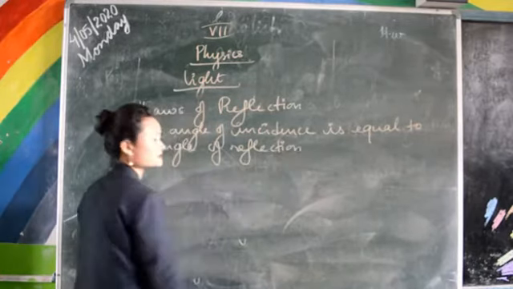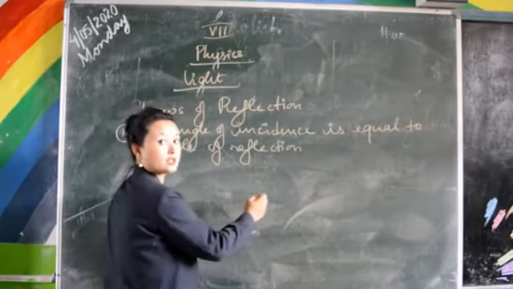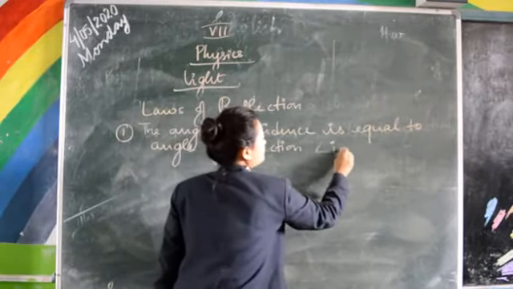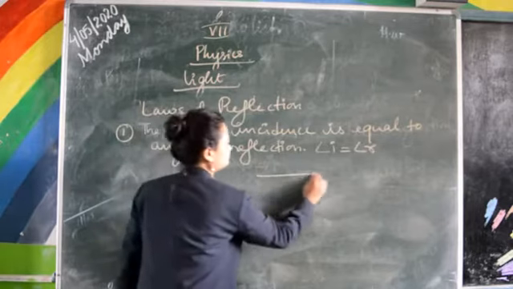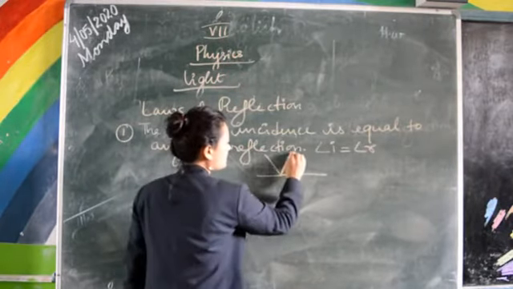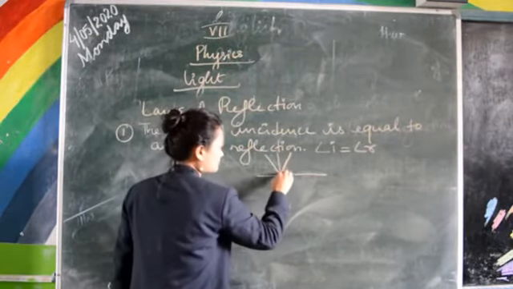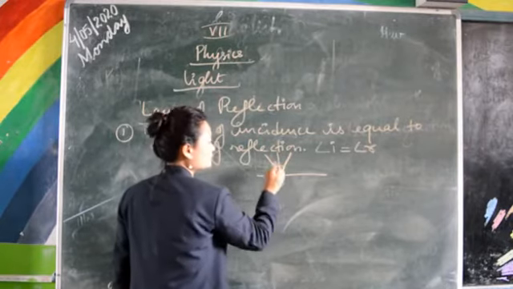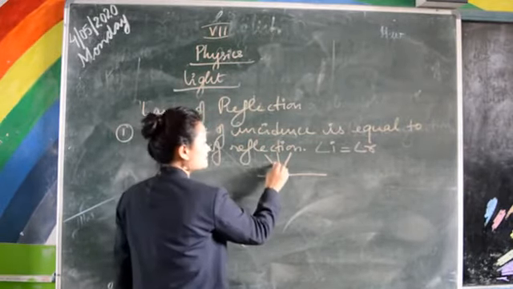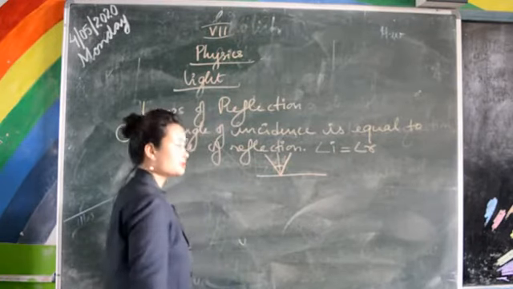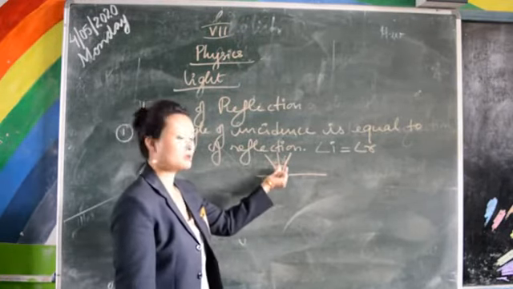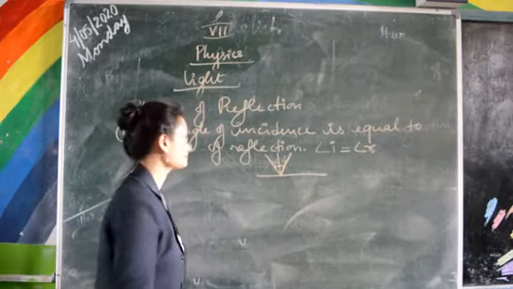The angle of incidence is equal to angle of reflection. That means angle i is equal to angle r, always. Okay, so which means this angle and this angle will always be equal. If this is 30 degree, this will also be 30 degree. Okay, so angle i would always be equal to angle r.